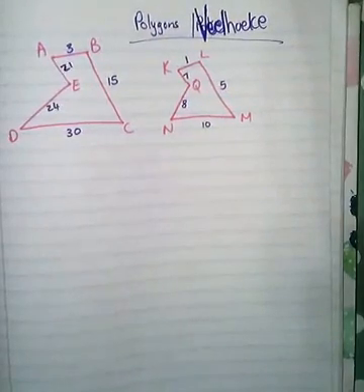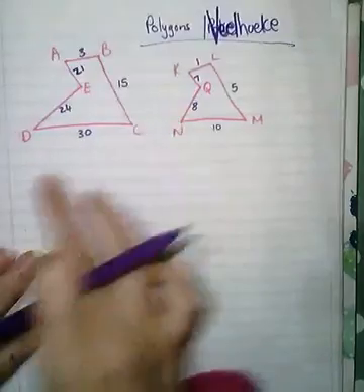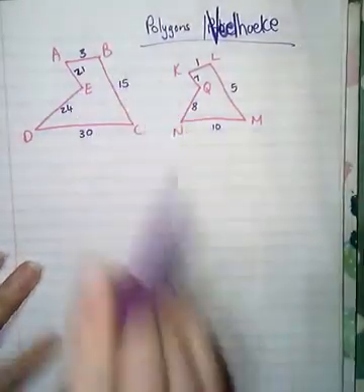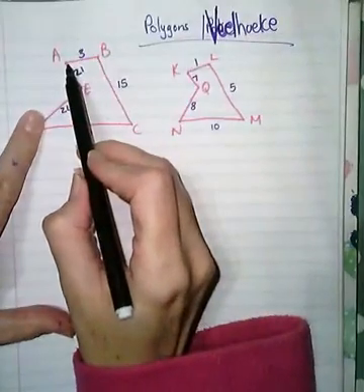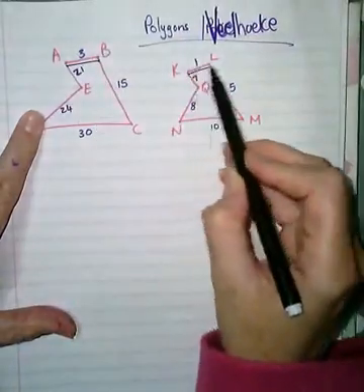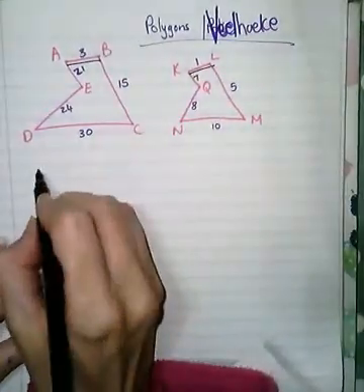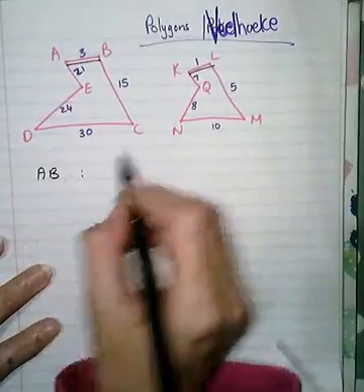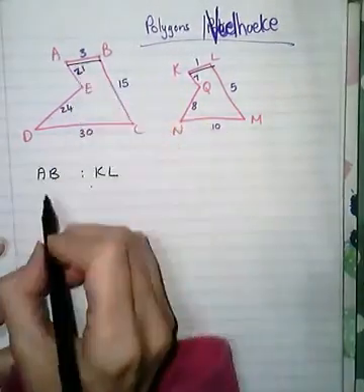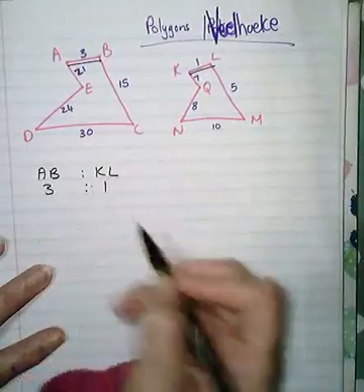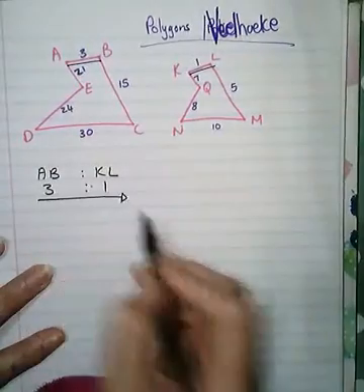Okay, so proving that these two are similar, we're going to take the same sides every time and calculate their ratio. So we're starting with those two. So AB in relation to KL. AB is 3, KL is 1. That's the simplest ratio, 3 to 1.